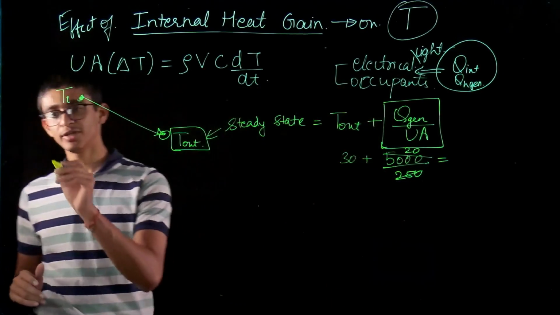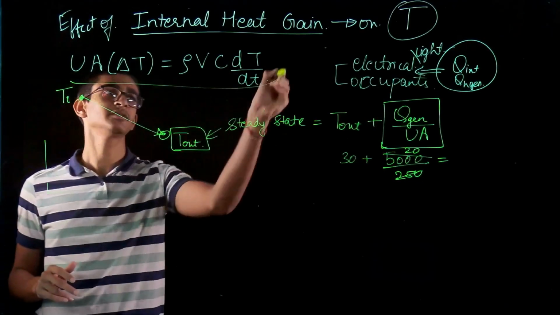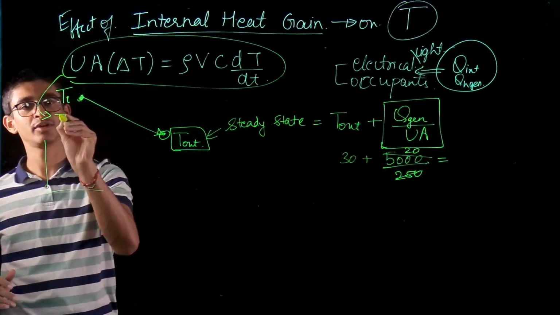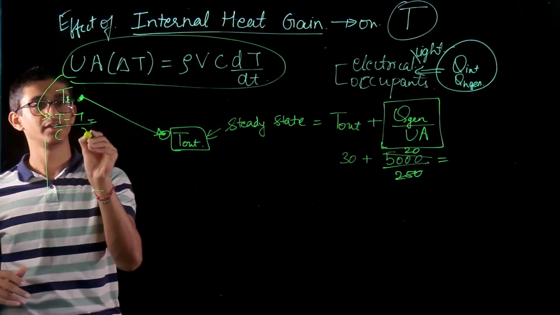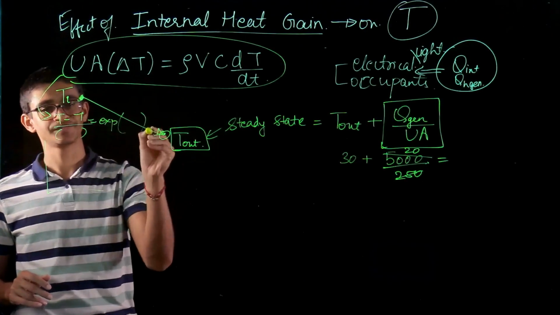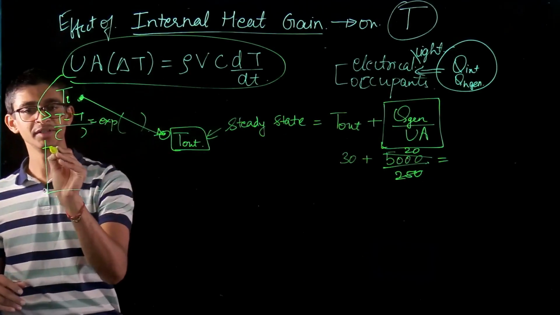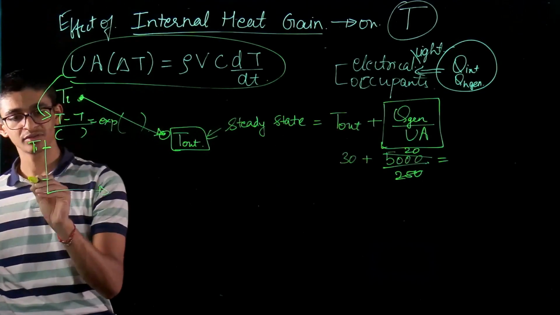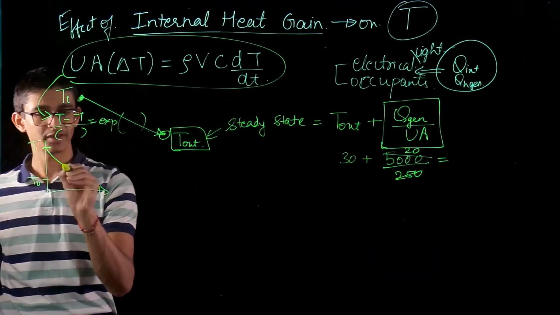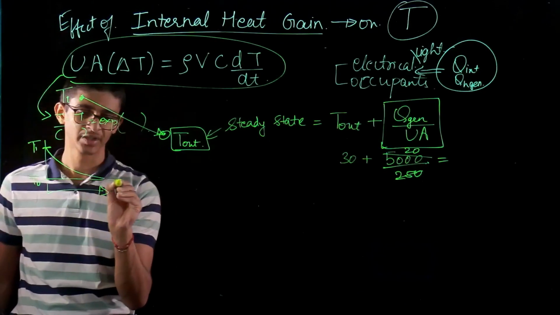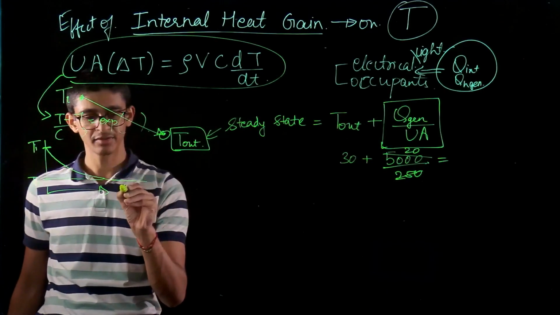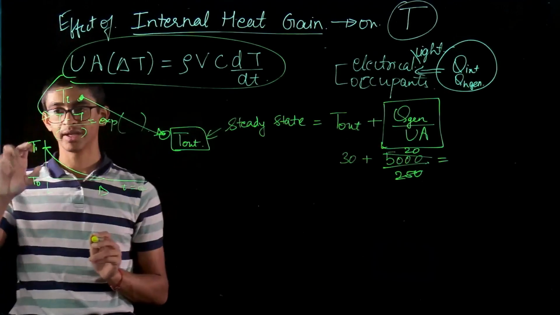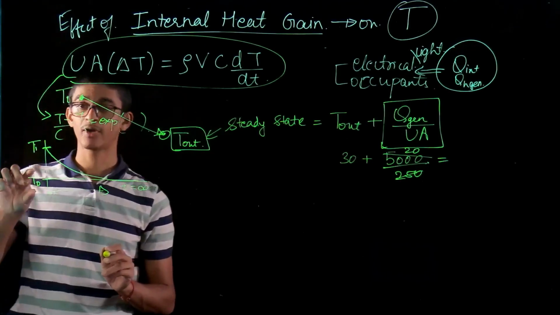So we have the exponential equation after solving this, which had an exponential in it. That exponential equation means if I start with a Ti and my outside temperature was T out, this will be an exponential drop to T out. And at time t equal to infinite, my temperature will reach the outside temperature.